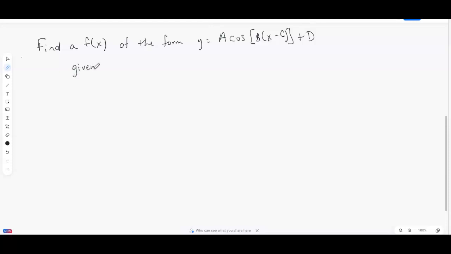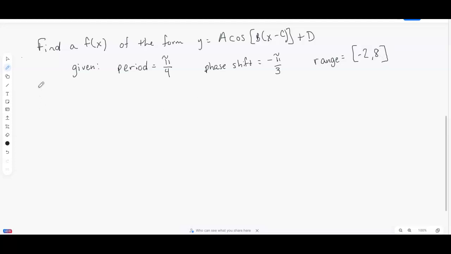given some information. Okay, so given that the period is equal to pi over 4, there is a phase shift equal to negative pi over 3, and your range is from negative 2 to 8.